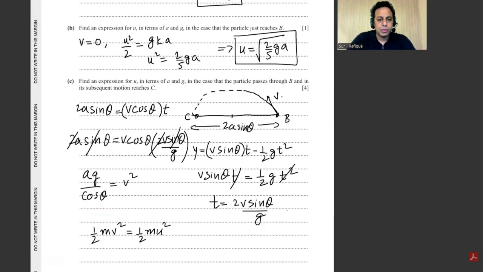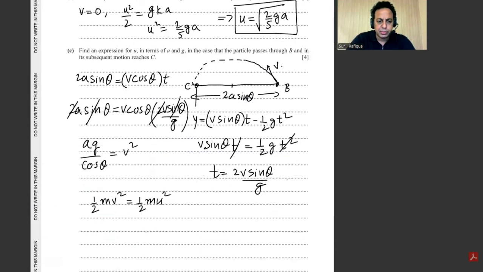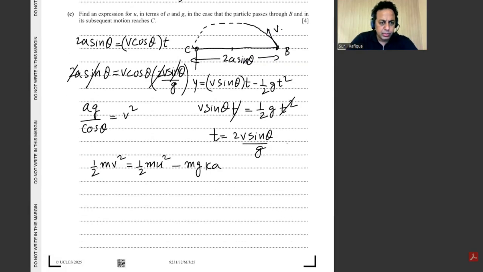Oh, that's a crucial part as well. So this is below the level of BC, so I can put a minus mgka. Okay, so let's get rid of the m's, and I can put ag over 2 cos theta, and cos theta is just, remember, that's just k. That becomes k. So that's u squared over 2 minus gka.